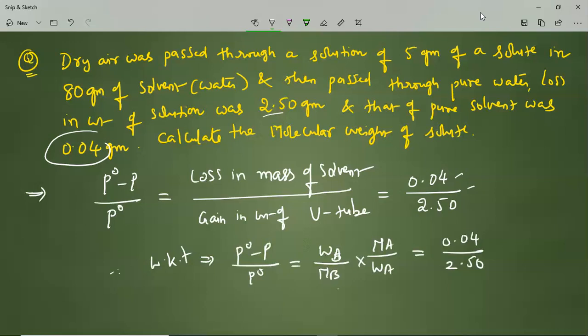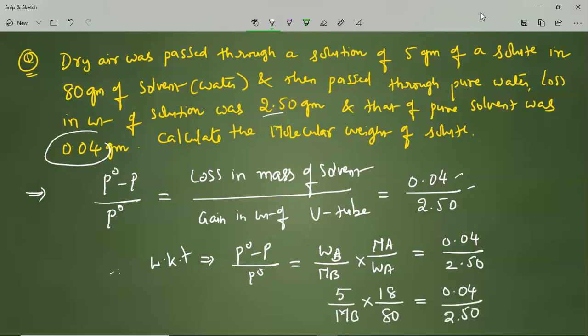Weight of the solute in the problem is 5 grams. Molecular weight of the solute is MB, we don't know, that is the main aim of the problem. And MA is the molar mass of water solvent, that is 18, divided by WA, the weight of the solvent given in the question, 80 grams, equal to 0.04 by 2.50.